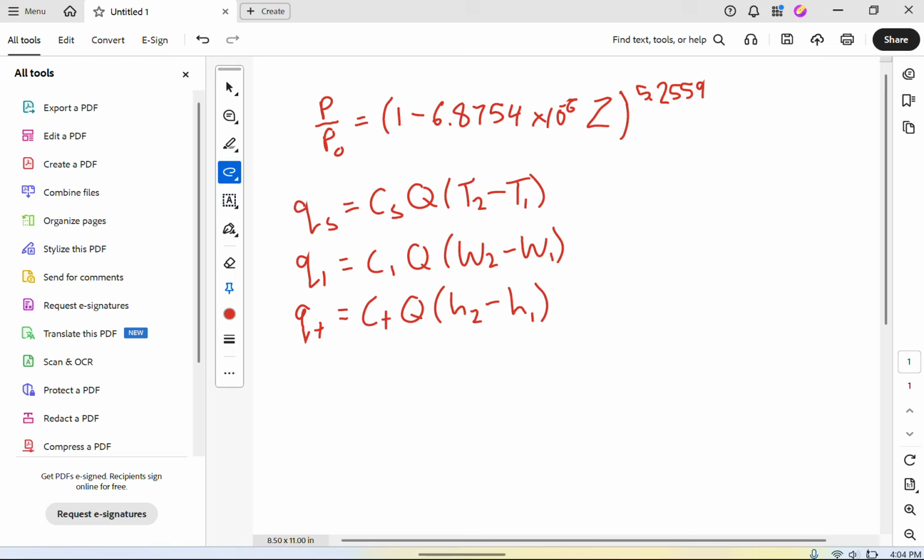There is, however, one more very important concept, and that's the mixing of two air streams. With the mixing of two air streams, you can determine both the enthalpy and the humidity ratio through a weighted average of each. However, that does not exactly apply to the temperature. The weighted average has to be taken on a mass basis. So we have our mass flow rate, which is equal to our volumetric flow rate Q over our specific volume.